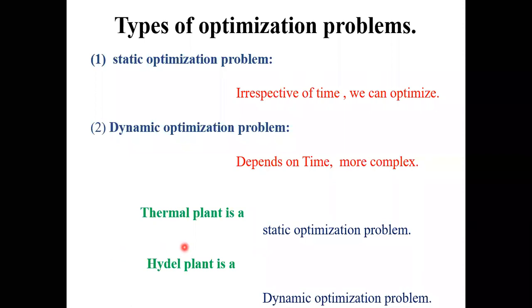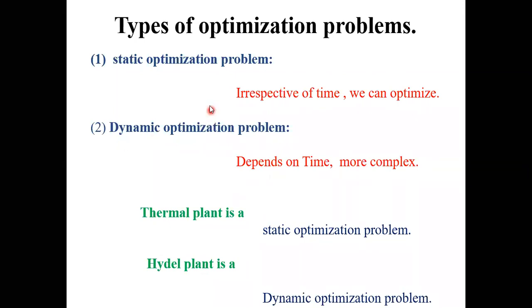So the thermal power plant is a static optimization problem, whereas the hydel power plant is a dynamic optimization problem. This is a basic classification of optimization problems from the parameters point of view. When the parameters are changing with respect to time, that is a dynamic optimization problem.